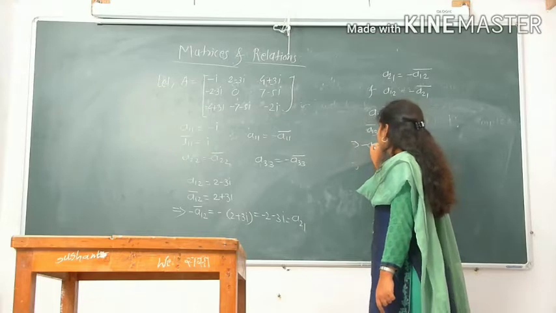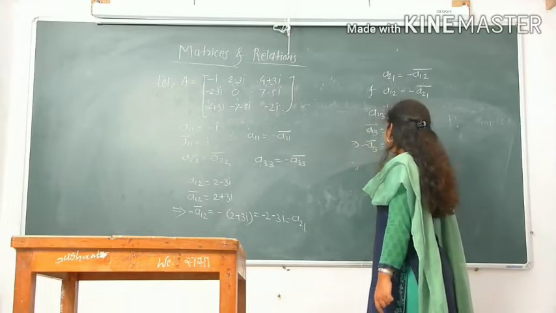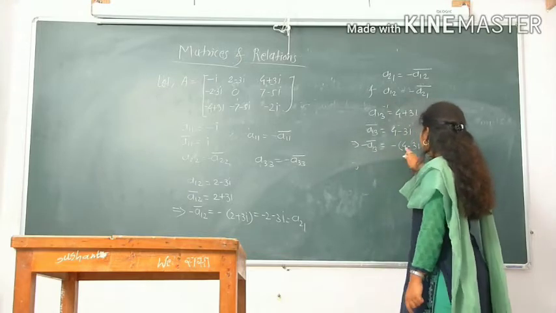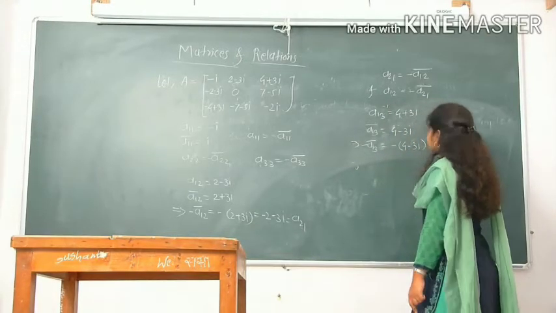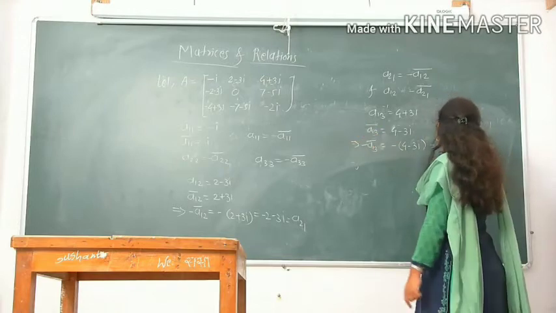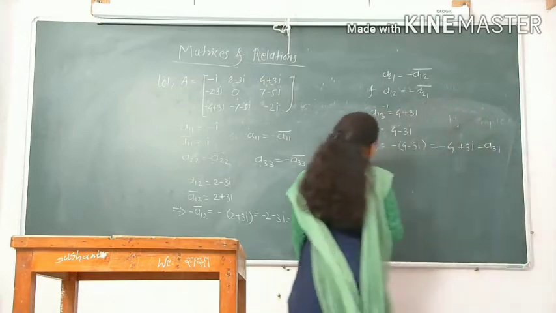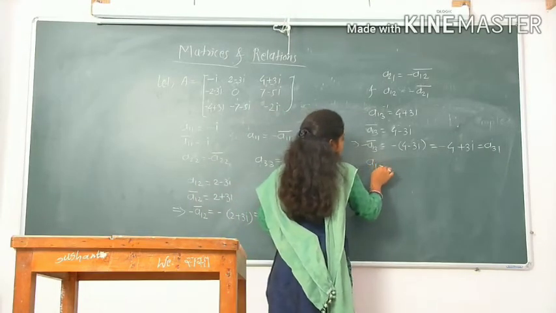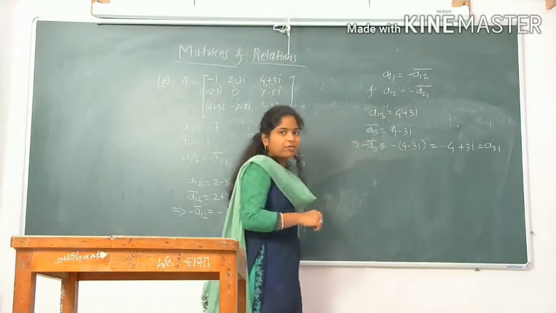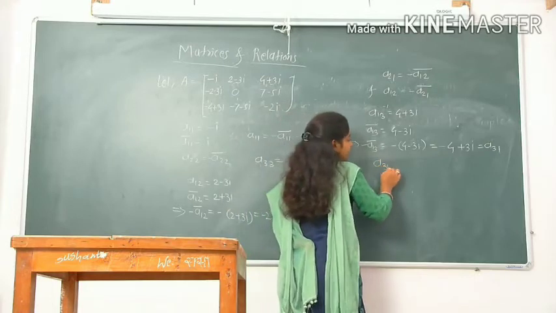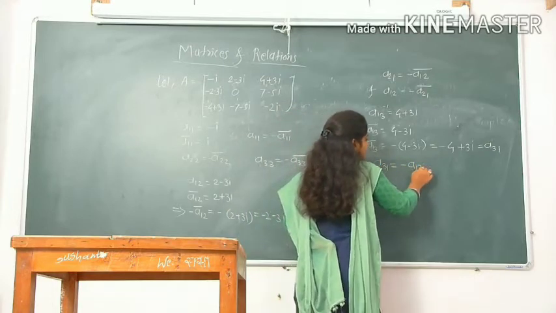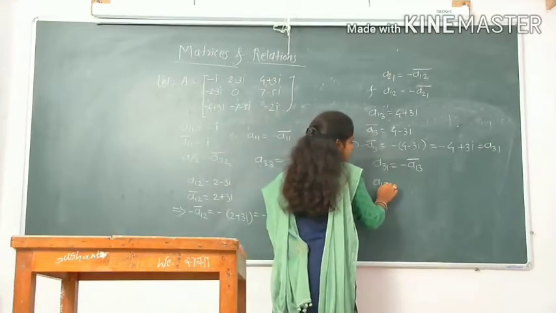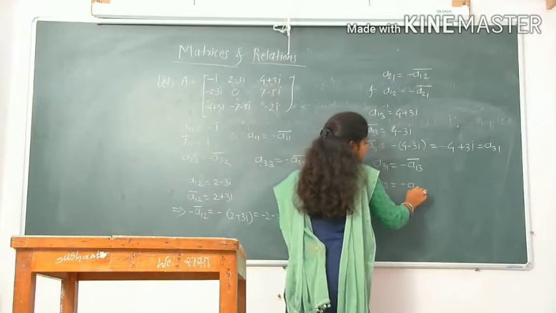Therefore, minus A13 bar is equal to minus 4 plus 3i, which is same as A31. Therefore, here we get A31 is same as minus A13 bar. Similarly, we can get A13 is equal to minus A31 bar.